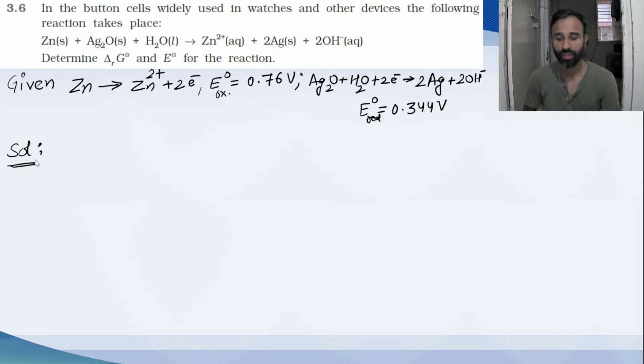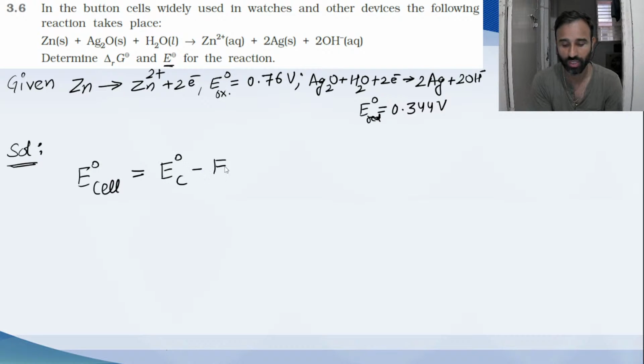First tell me, how do we calculate E naught cell for the given reaction? What is the formula to calculate E naught cell? E naught cell is equal to E naught cathode minus E naught anode.